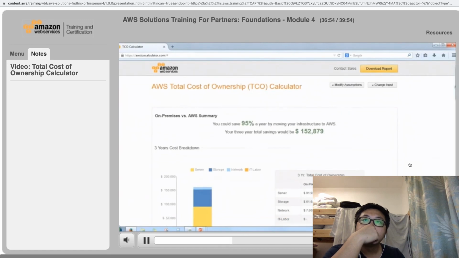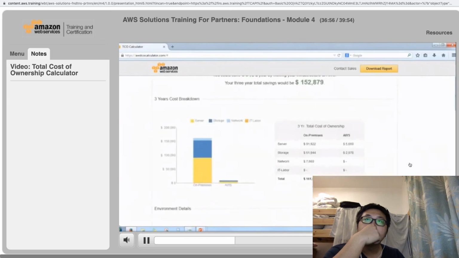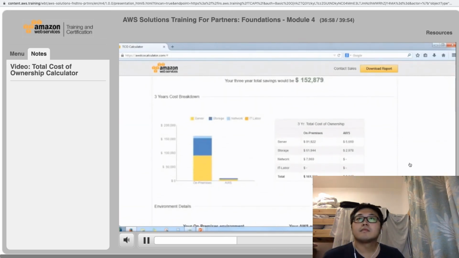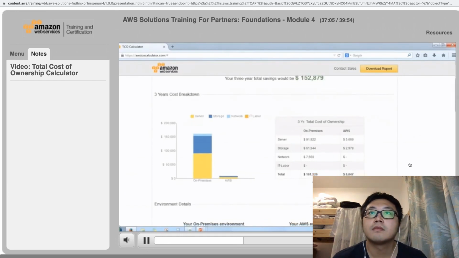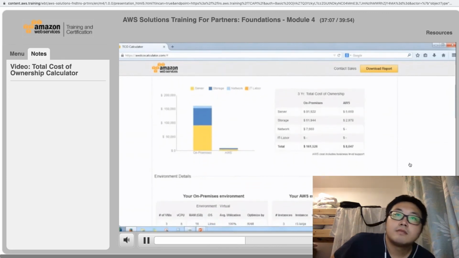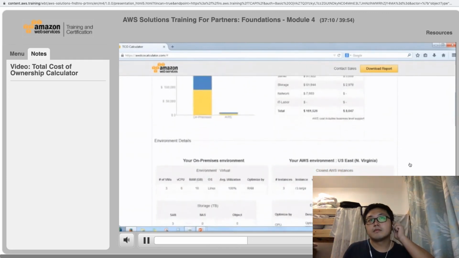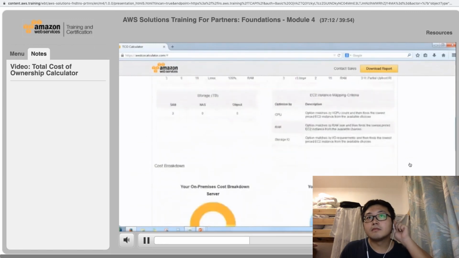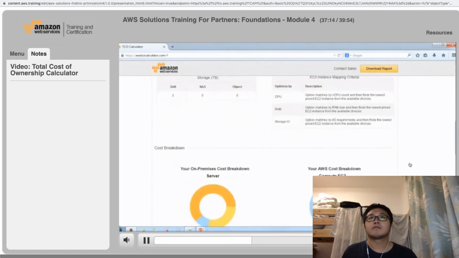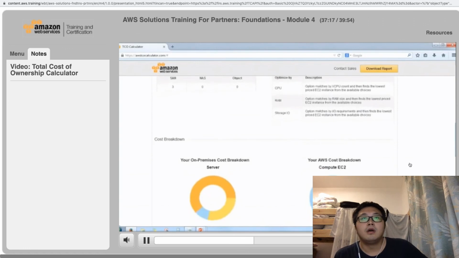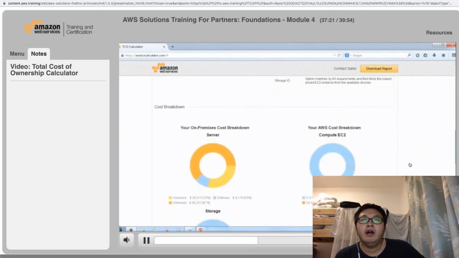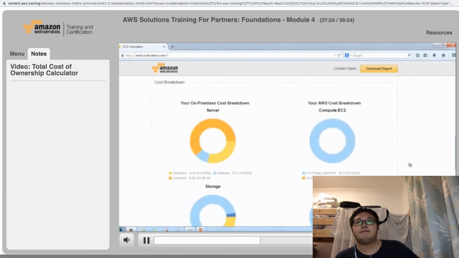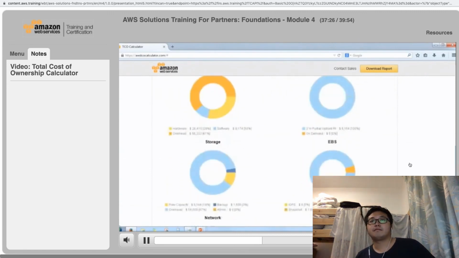Then the calculator also gives you the ability to really deconstruct specifically how the cost savings were realized. So it's not just a report with a number that you have to take at face value, but rather there are a number of different fields, calculations, assumptions, and descriptions of how the costs were actually saved. So you can take a look at the breakdown for the infrastructure investments on premises and compare them to what you would be investing and buying through AWS, both for compute and storage.